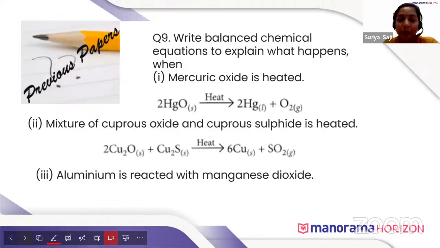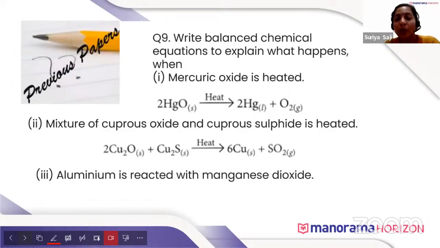What will we get? We'll get copper and sulfur dioxide. Both are compounds of copper only. Cuprous oxide is Cu2O, cuprous sulfide is Cu2S. If we heat cuprous oxide and cuprous sulfide, we will get copper. That is also a reduction reaction. We will get sulfur dioxide also.